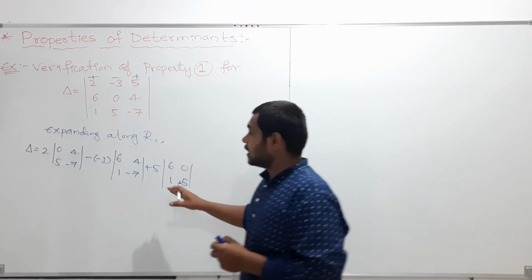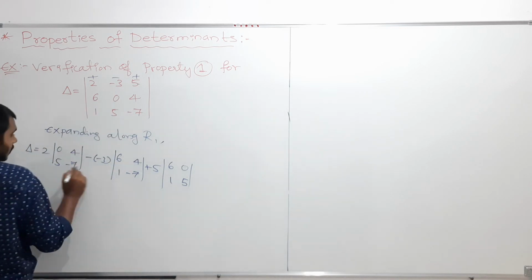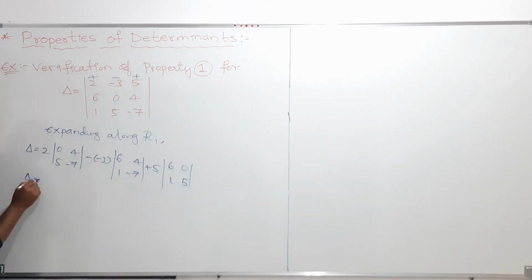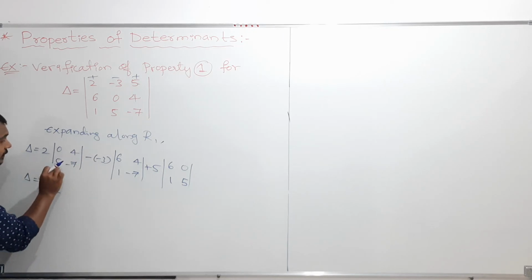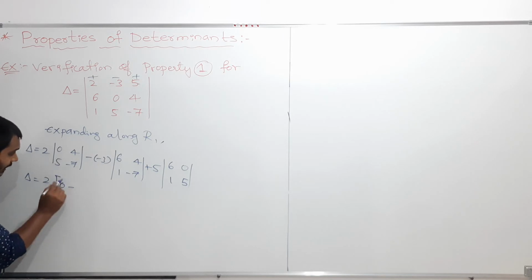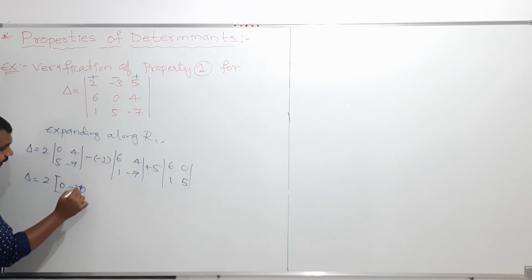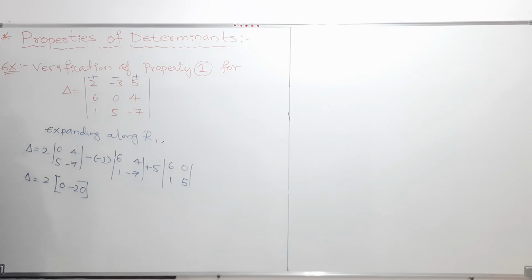Clear. So now I will solve this one, and here delta is equal to 2 into 0 into minus 7, minus 5 into 4. How to find the determinant of order 2? We should multiply this element into this element, minus this element into this element. 0 into minus 7 is 0, minus 5 4s are 20. Clear.